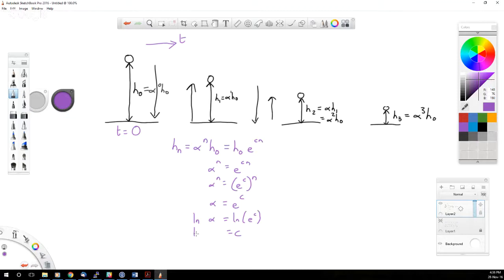Get ln alpha equals c. The important thing to remember here is alpha is less than 1.